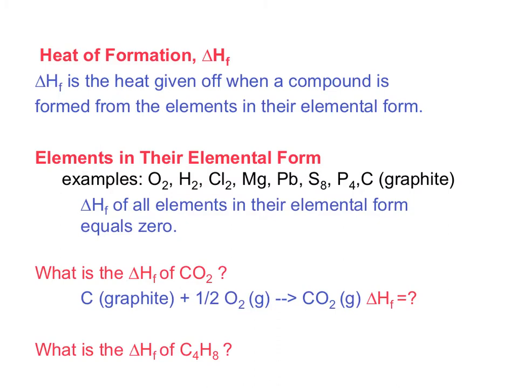We're using the rule here that if the elements are in their elemental form, in other words, the form you're going to find these elements in at room temperature, 298 Kelvin, and atmospheric pressure, 1 atmosphere. So oxygen is diatomic. Hydrogen is diatomic. Chlorine, diatomic.